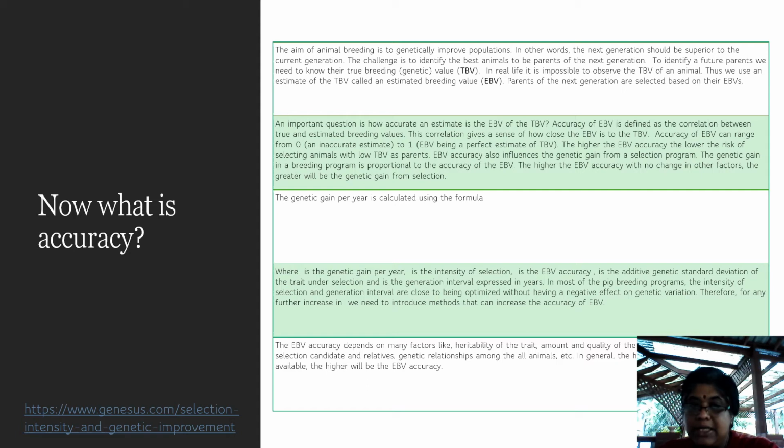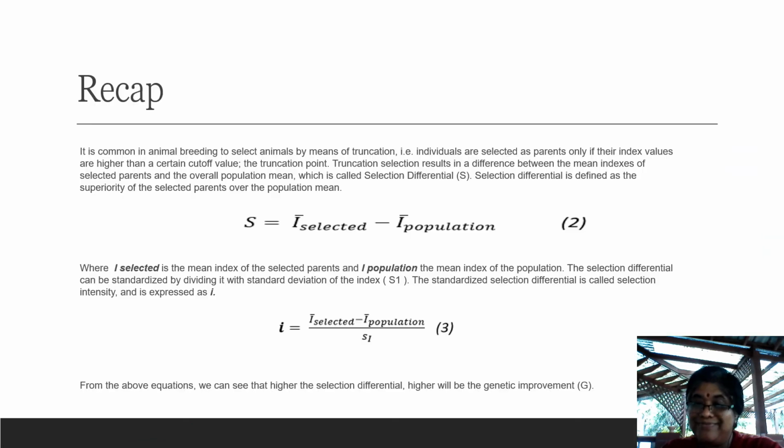There are many methods for us to improve the EBVs, and we will discuss them in the next lecture. What is very important when looking at a particular trait is the heritability of the trait. If the heritability of that trait is high, that shows the additive genetic variation is high, and therefore the EBV accuracy is also high.